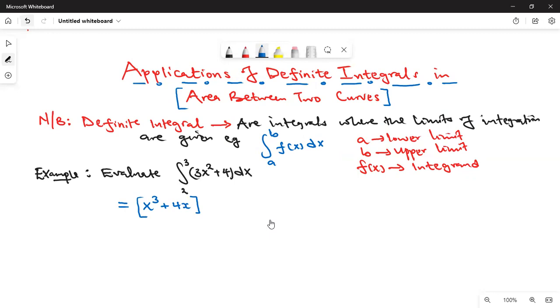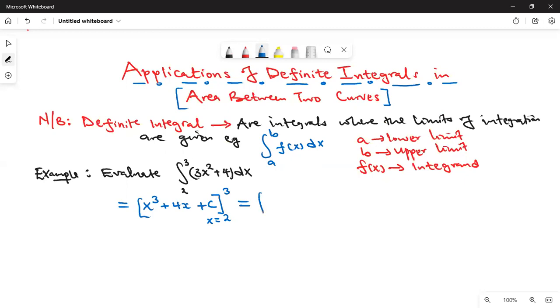Or let me explain why it is canceling out even before I tell you that you should not add the constant. You see here, when you add c and you plug in the limits, we'll have from x is equal to 2 to x is equal to 3. So we start by plugging in the upper limit. Where there is x, we put 3.